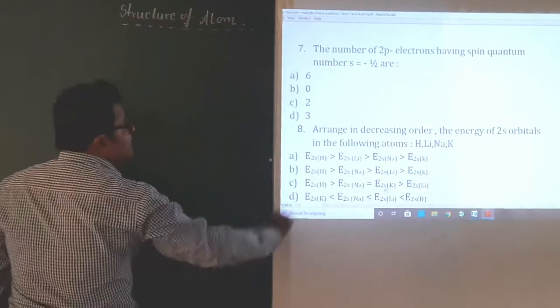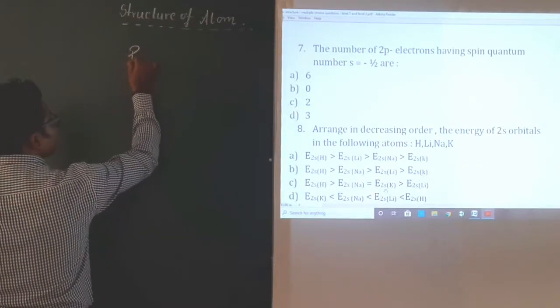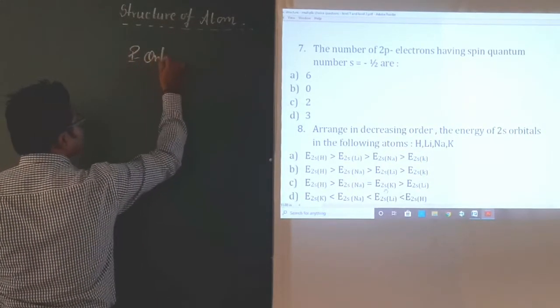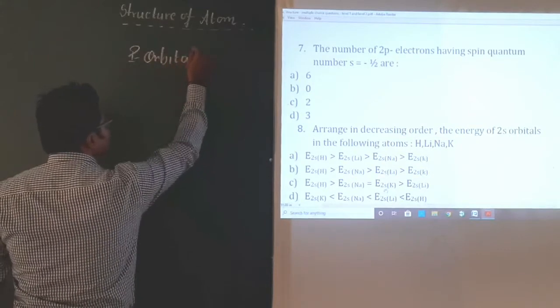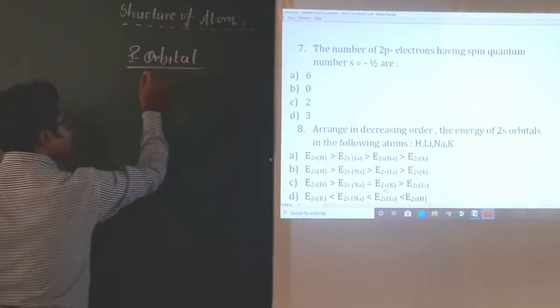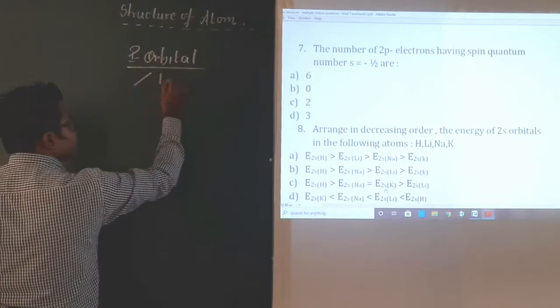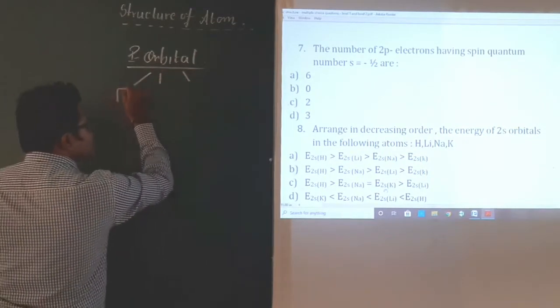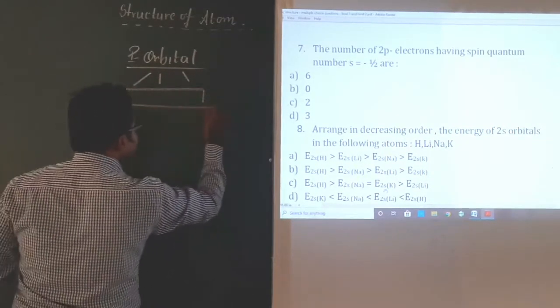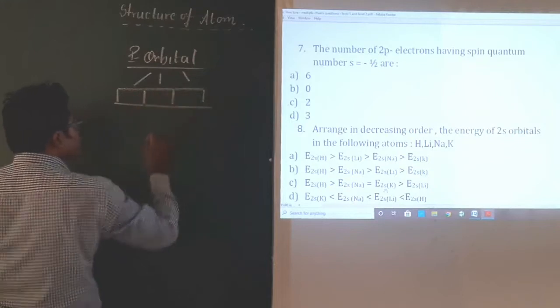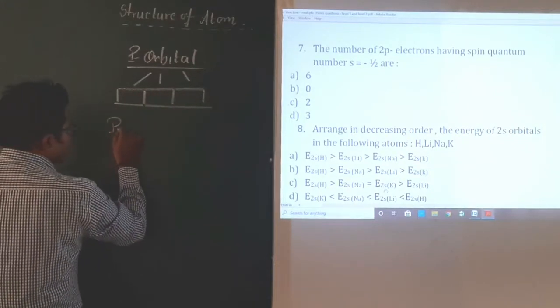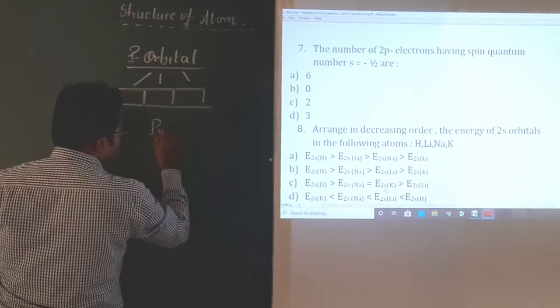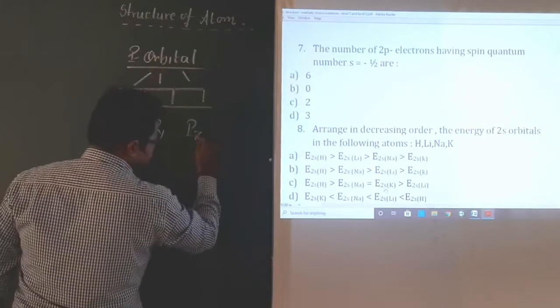So, we are speaking about p orbitals. So in p orbital, what do we have? We have 3 types, right? Those 3 types are px, py, pz.